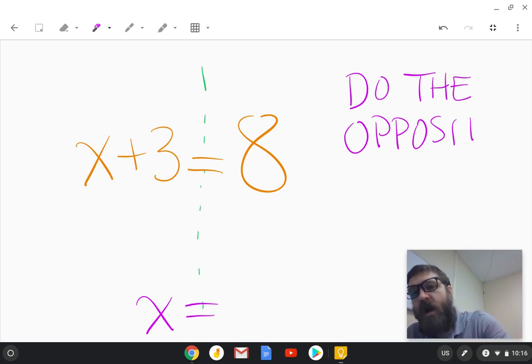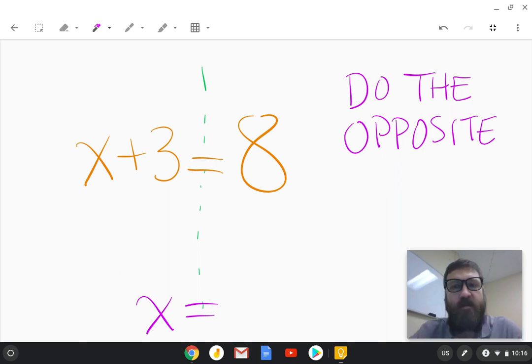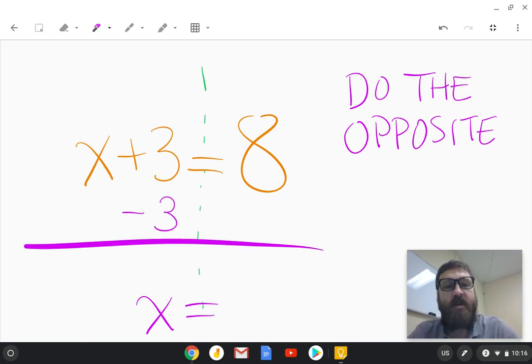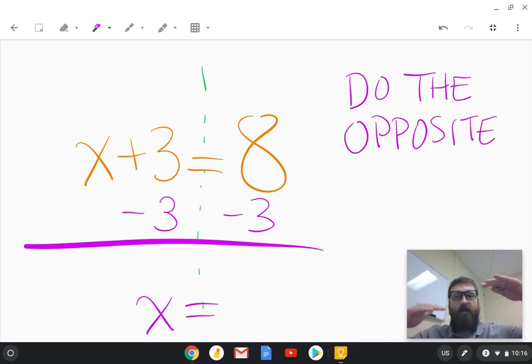So we're always going to do the opposite to x. In this case, because it's x plus 3, I'm going to minus 3 from this side. And because I want to keep everything balanced, I have to also take away 3 from the other side. So I'm doing the opposite and I'm doing the same thing to both sides.